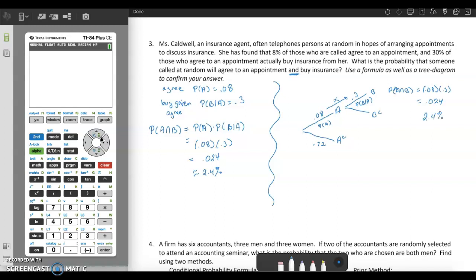So you can kind of see that's how a tree diagram will work along with these. You can write your branches out. Your first branches are your initial probabilities. Your secondary branches are your given probabilities, because the only way to get there is if the first thing has already happened. So that's that additional information. And then multiplying all the way out through your branch gives you the intersections at the end.